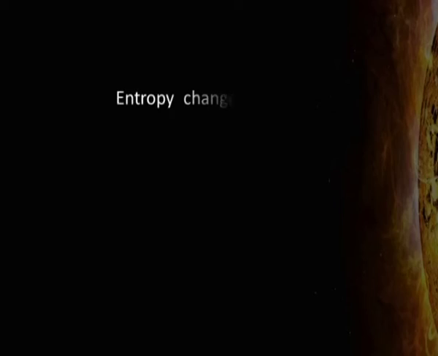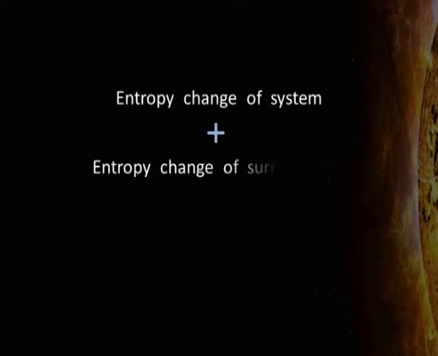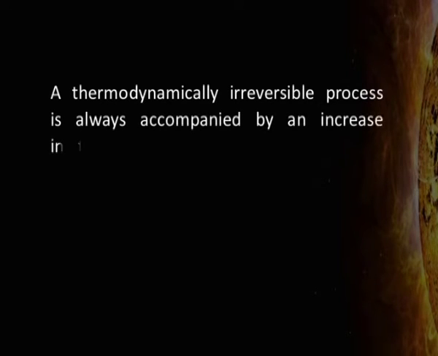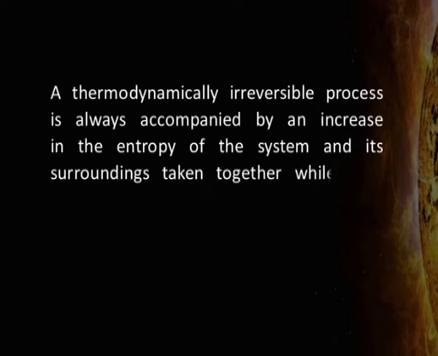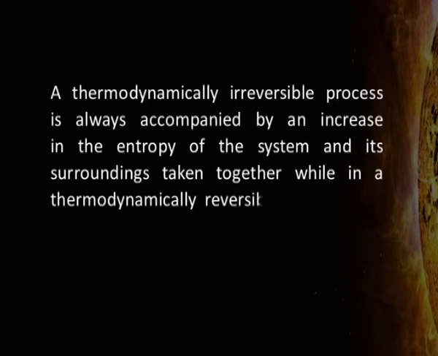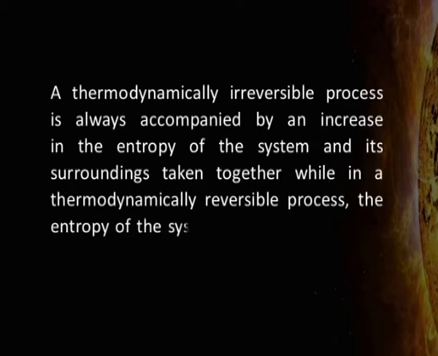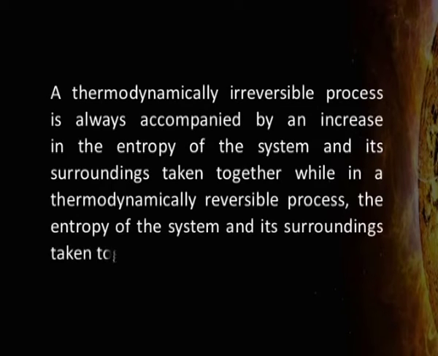Therefore, for a reversible process, the entropy change of the universe, that is entropy change of system plus entropy change of surroundings, will be equal to 0. Hence, we can conclude that a thermodynamically irreversible process is always accompanied by an increase in the entropy of the system and its surroundings taken together, while in a thermodynamically reversible process, the entropy of the system and its surroundings taken together remains unaltered.